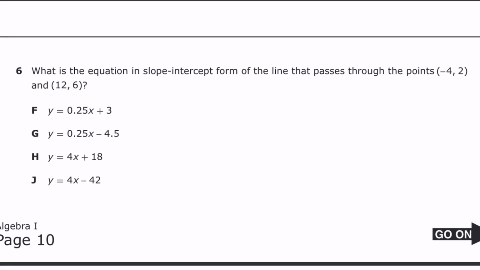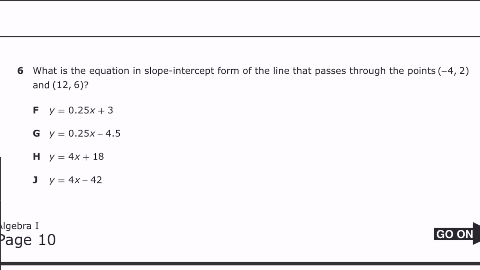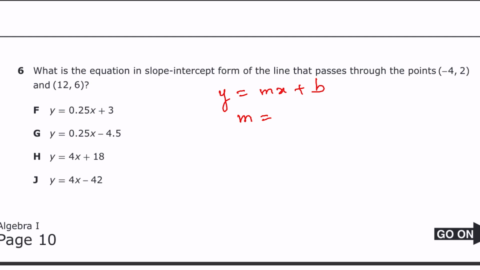It is y is equal to mx plus b. This is the slope intercept form. Therefore, what is m? m can be written as the slope, which is y2 minus y1 divided by x2 minus x1. We find it using this formula.